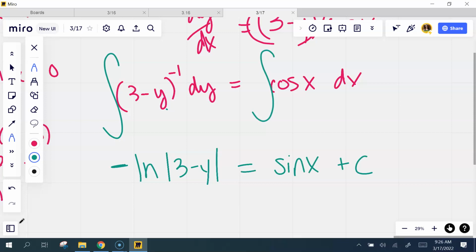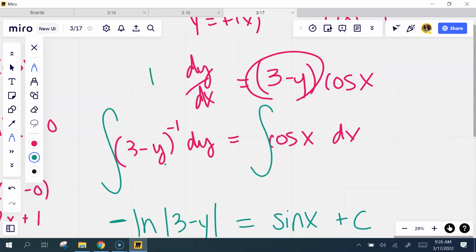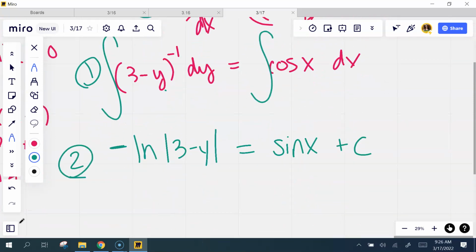Yes, when you initially take it, make sure you put the absolute value. This one is 2 points. The antiderivatives are 2 points. Separation of variables, 1 point. Antiderivatives, 2 points. Okay.